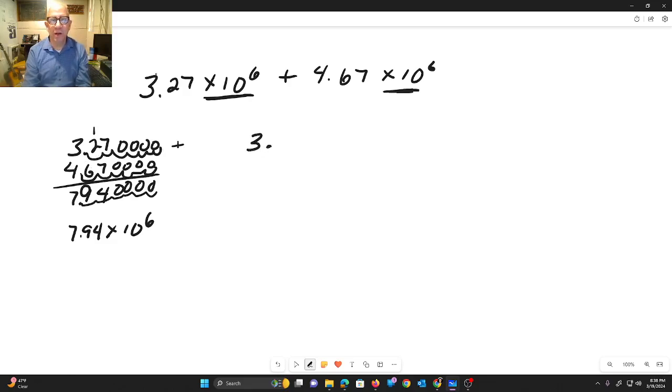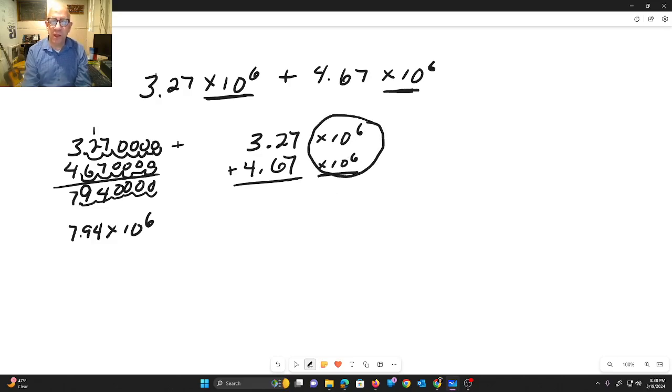So basically I've got 3.27 plus 4.67 times 10 to the power of 6. Right? So these are the same, so it's the same place value. So now I can just add straight down. 7 and 7 is 14, 6 and 2 and 1 is 9, 3 and 4 is 7, so that's times 10 to the power of 6.